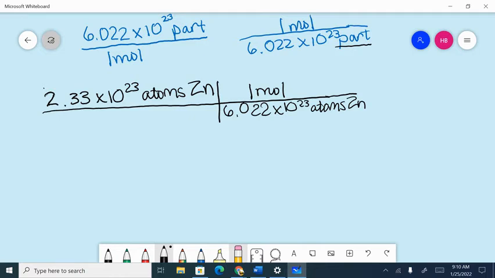And you're going to ask yourself, is it reasonable? You know that 2.33 times 10 to the 23rd is a smaller number than 6.022 times 10 to the 23rd, so if you don't get a number that's less than 1, you know you've made a mistake. So mine's going to say 0.387 moles of zinc.